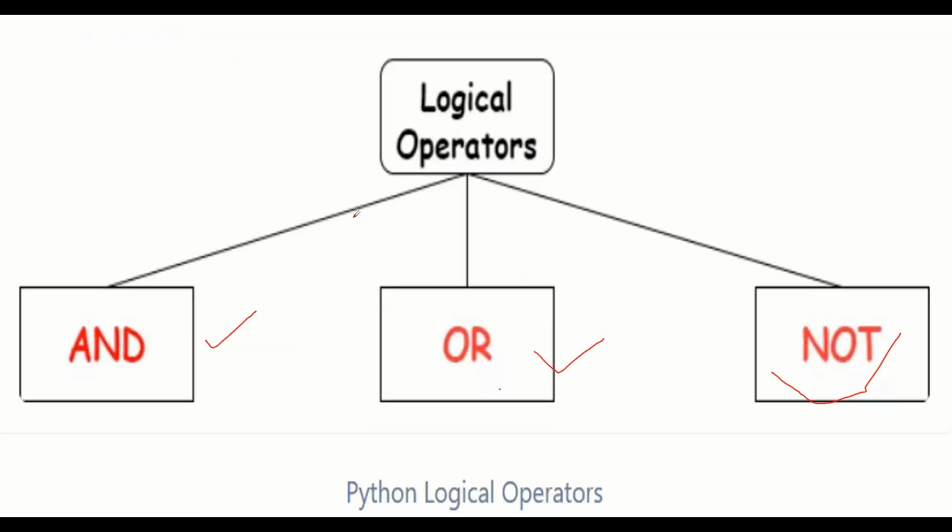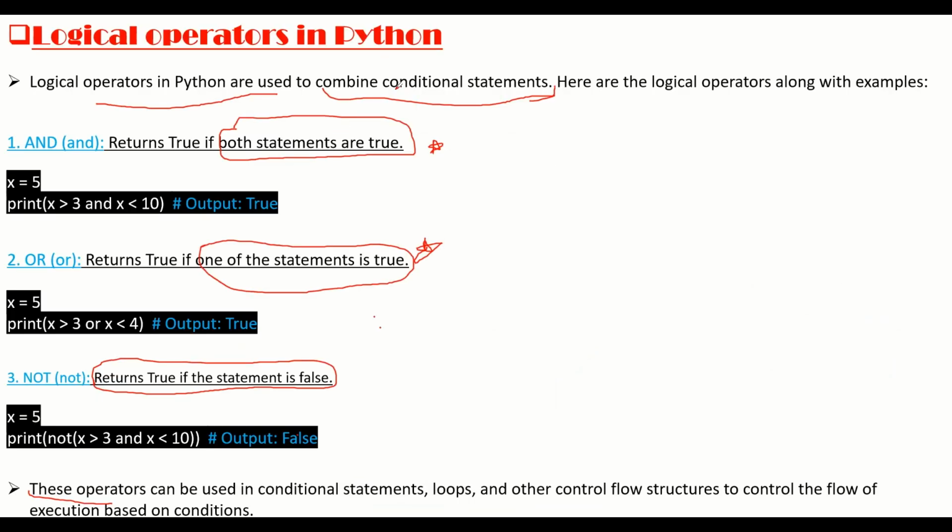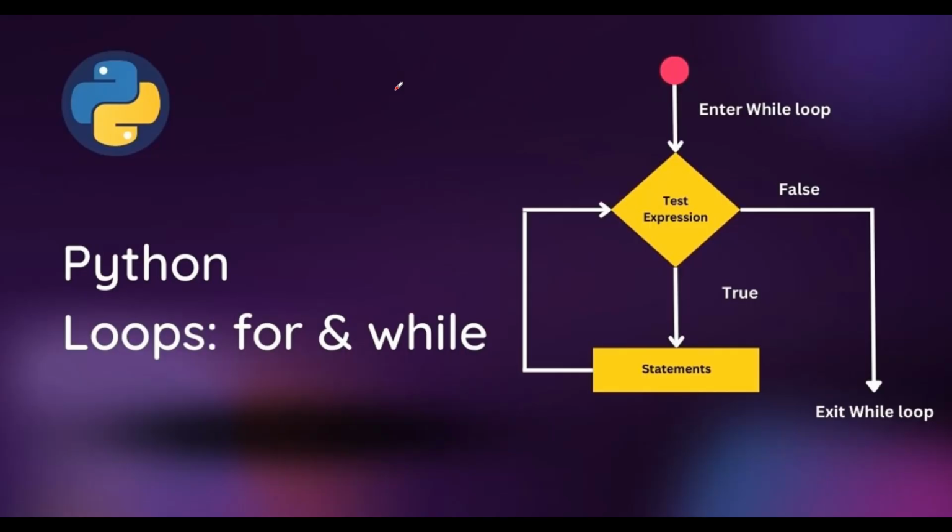These are some examples, and what are and, or, and not, and this is also complete, and these are some codes of logical operators. And the next one is loops. So the second topic is Python loops, and there are 2 loops in Python, for loops and while loops.